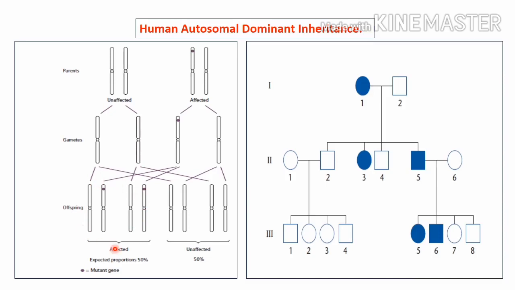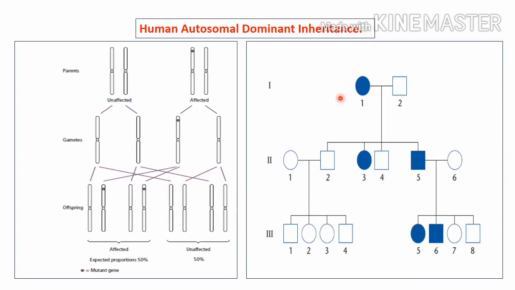If only one chromosome has a mutated allele, then the expected proportion of affected individuals will be 50%. The other 50% of offspring will be normal because they do not receive any chromosome that bears a mutated or defective gene.